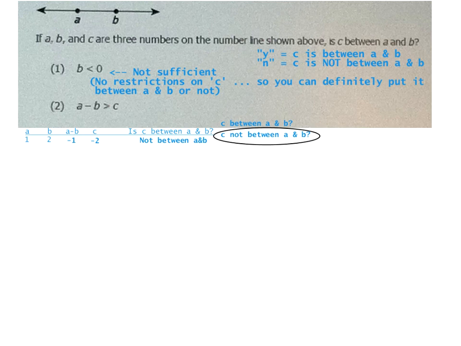Let's try -2 and -1. So then A minus B is also -1. C has to be something less than -1. So we can get it to be between A and B by making it -1.5.